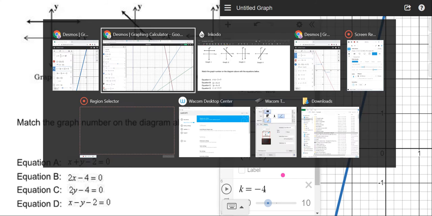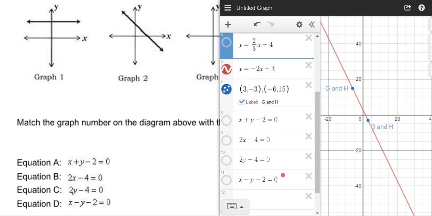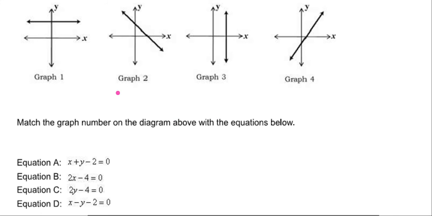So the first one, x plus y minus 2 is 0. That gives us a line with a negative slope. Out of these choices here, this is the one with the negative slope, the only one.